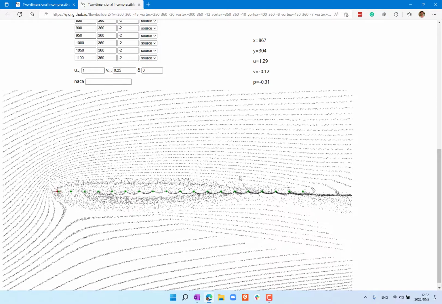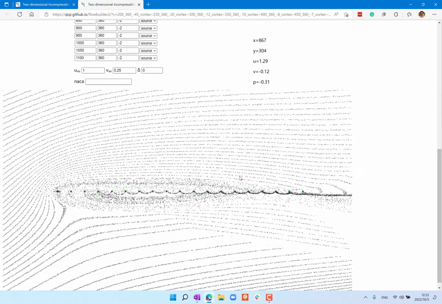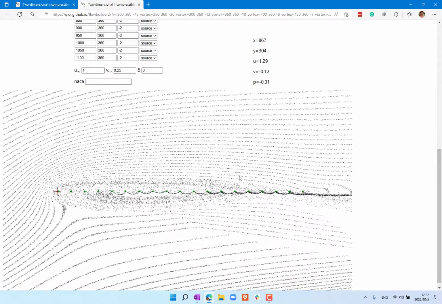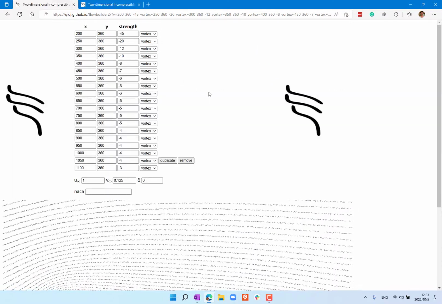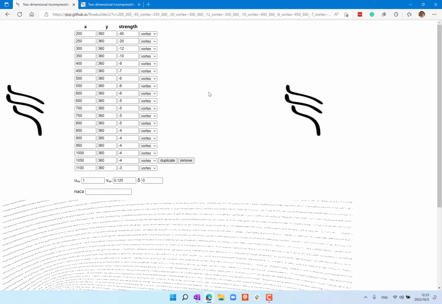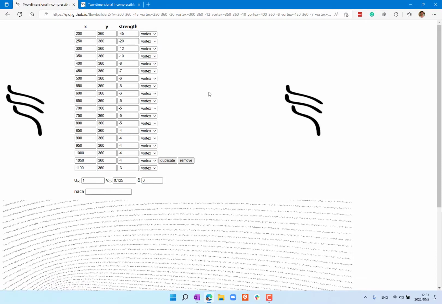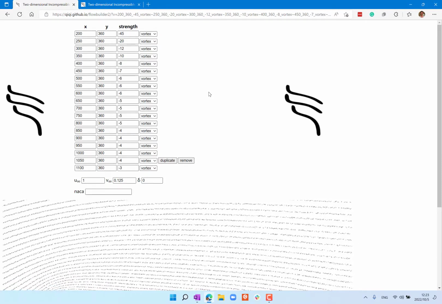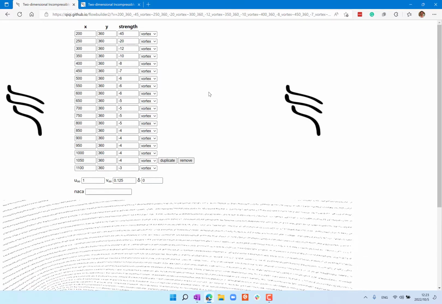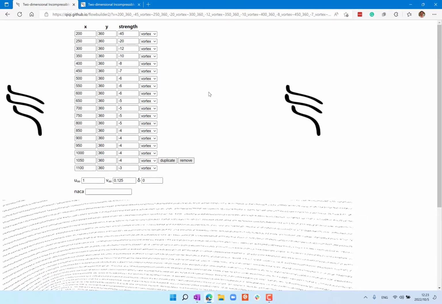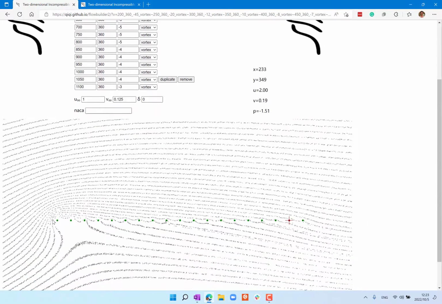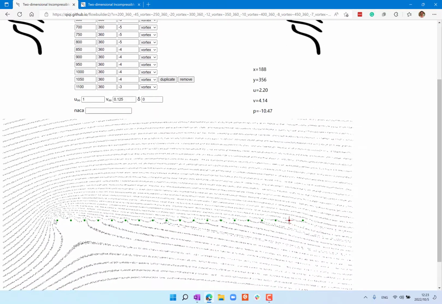So one of the results that can be worked out analytically is the location of the center of lift for that distribution. If you just think about this, because if I have a strength of minus 45 here, then I'm basically creating a lift over here proportional to 45.